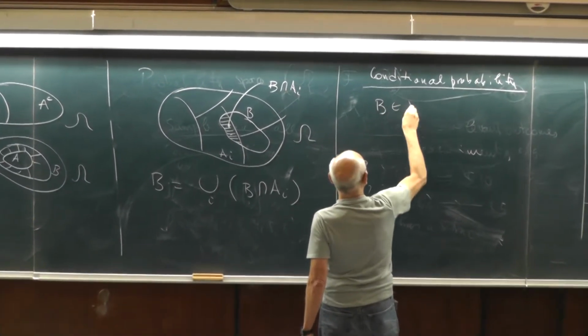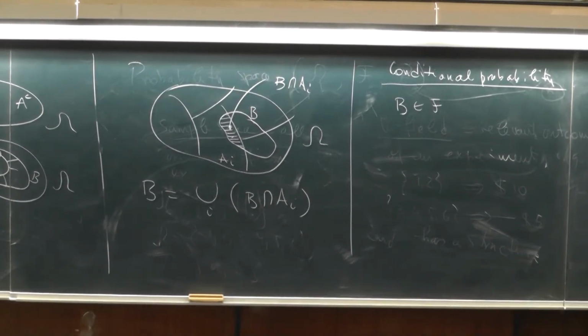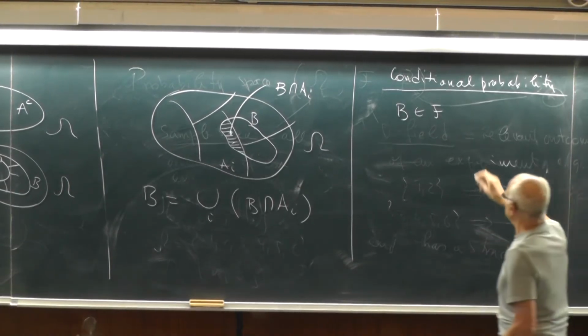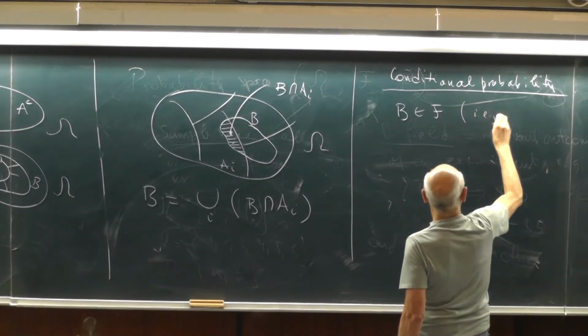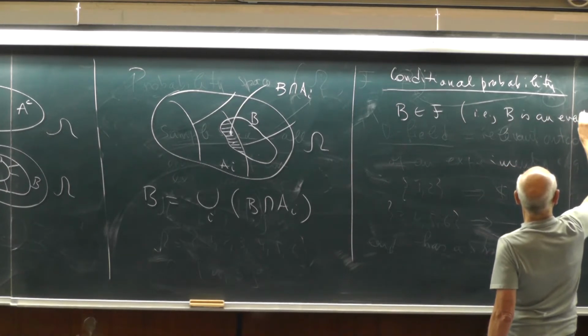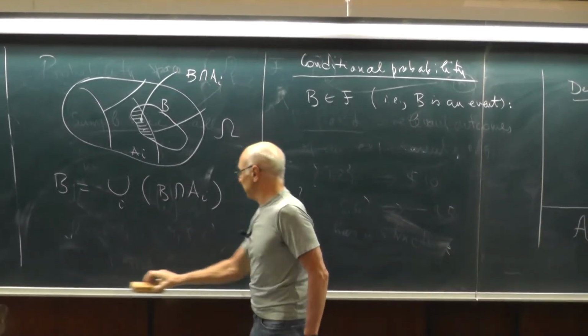When I write B, B is in the sigma field. That is, I'm saying in words, B is an event. This is what it means. With the following property, that this probability is strictly positive.